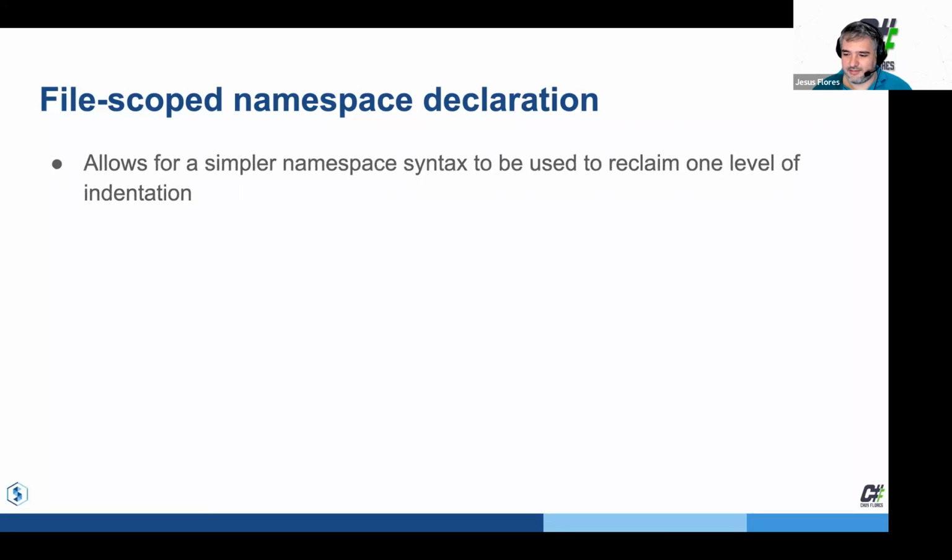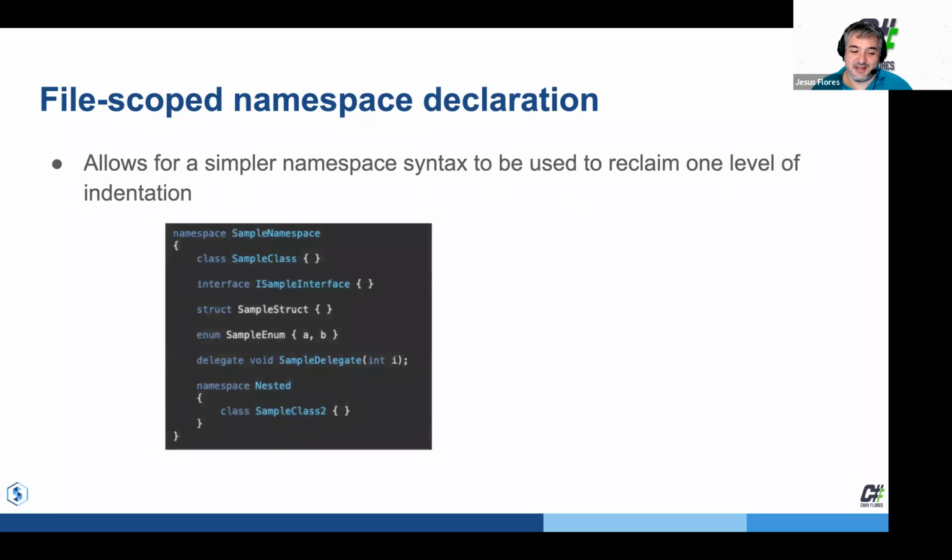A file scope namespace declaration means that you can omit the opening curly braces. I forgot the name, sorry, these curly braces.